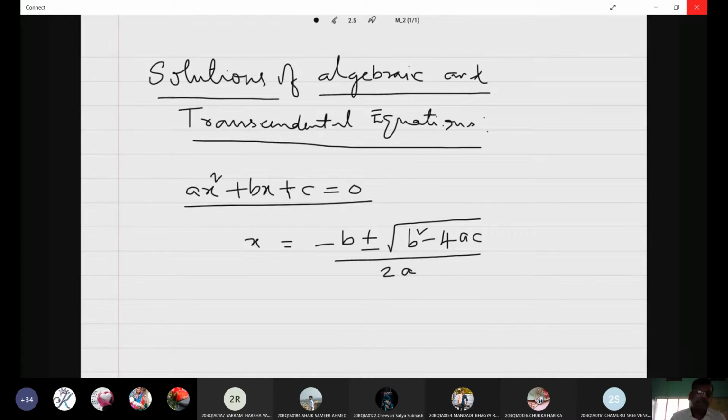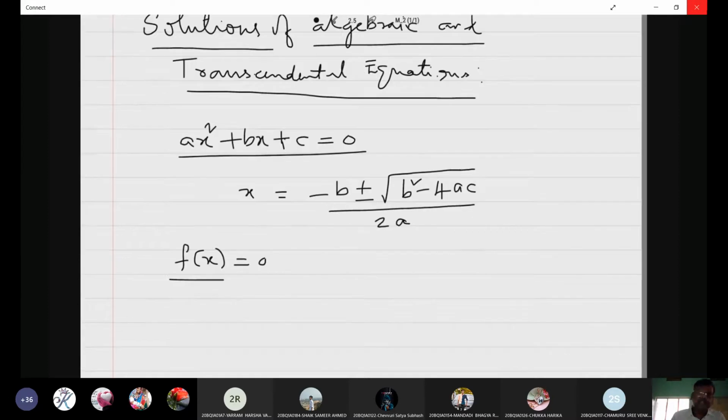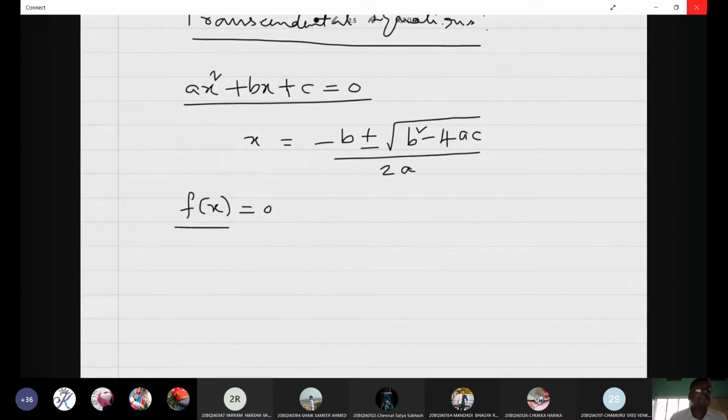The problem of great importance in science and engineering is that of determining the roots of an equation of the form f of x is equal to 0. Now, we can form the polynomial of nth degree.